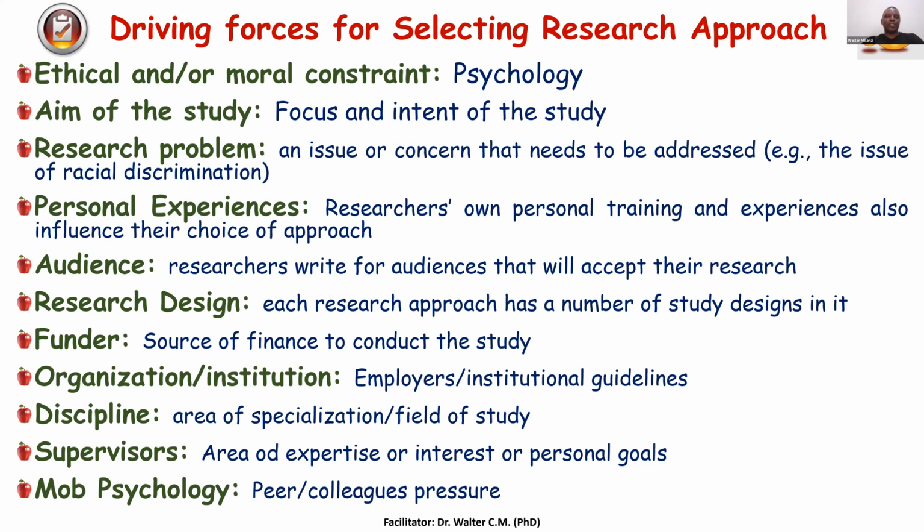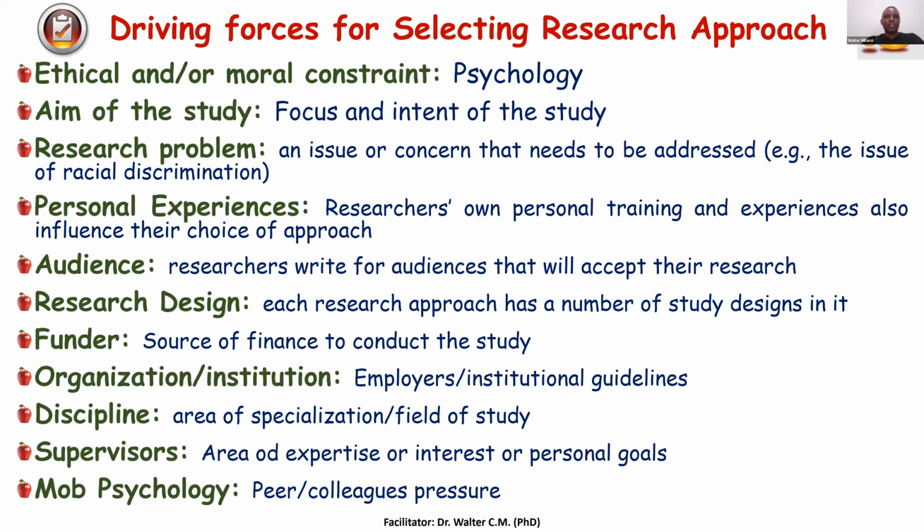Sometimes the discipline, the field of your study. If we are studying nursing, nursing are always quantifying information. They are rarely qualifying information, you see. And then if you go to social, you go to education, those are more of qualitative. They need to determine or to define quality of the educational quality.